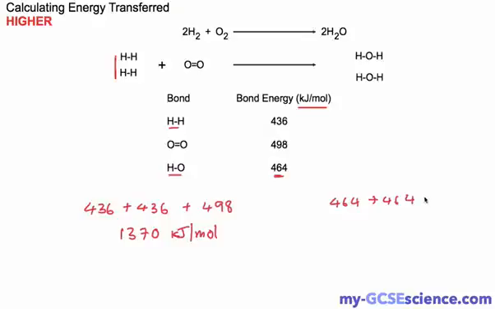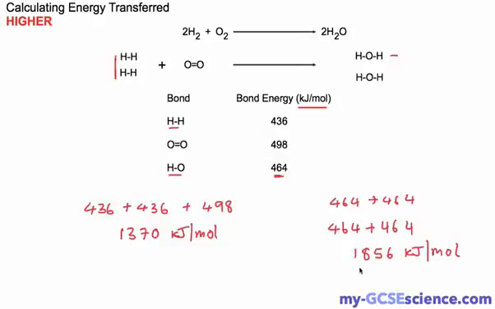That's the bond energies for one molecule, and to find out for two, just multiply it or just add it on again. So 464 plus 464, and the total answer for that is 1856 kilojoules per mole.